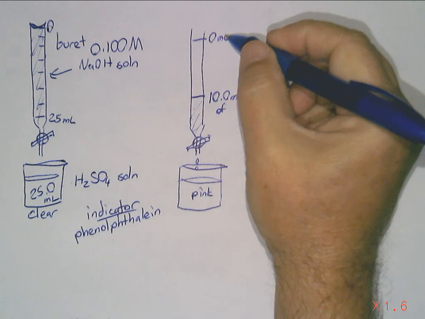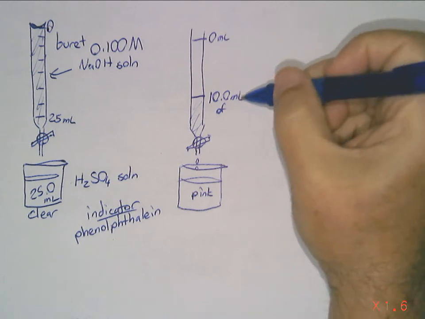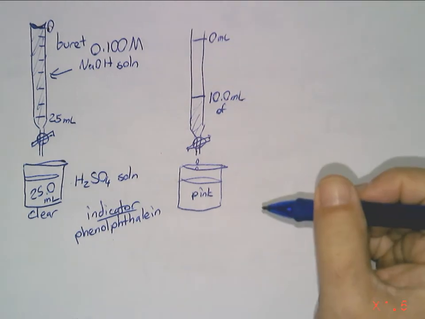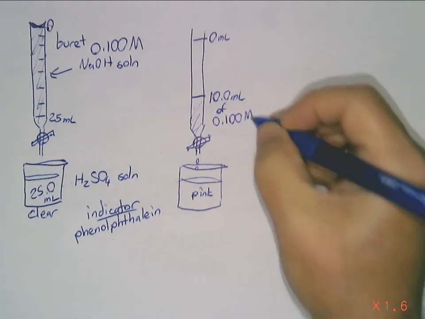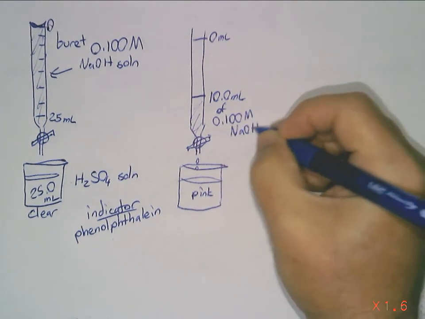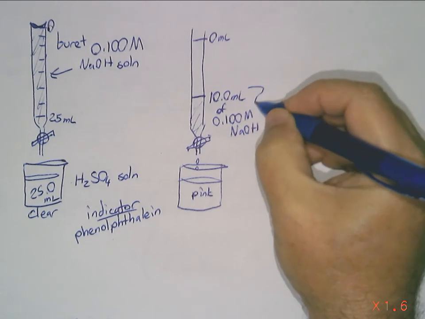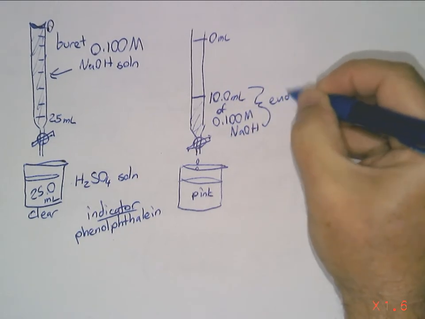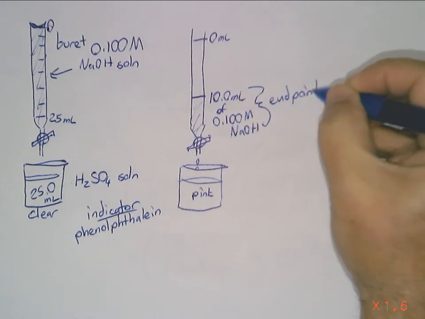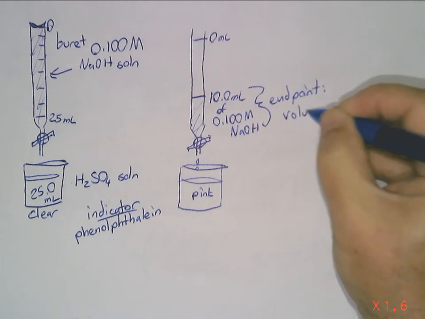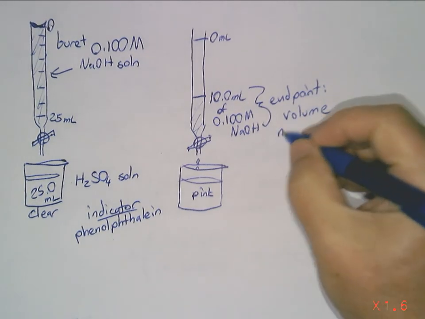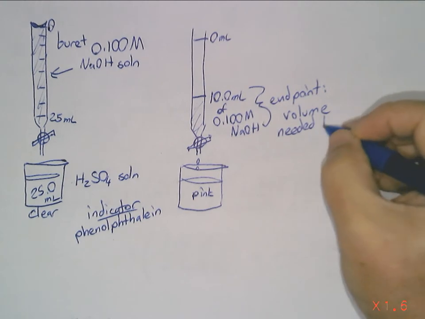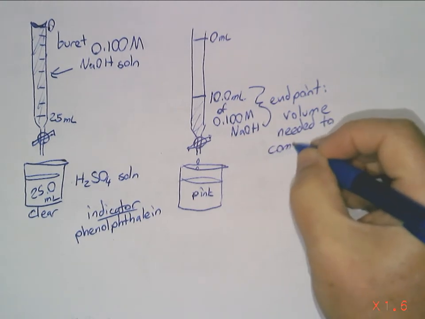If I had started it out somewhere else, I could have taken the final volume minus the initial volume to get the volume that I had. Now this is called the end point. It's the volume of the solution you have in your burette needed to completely react.